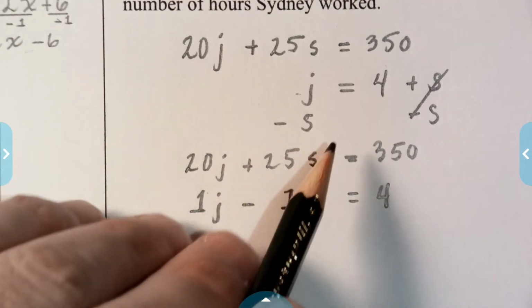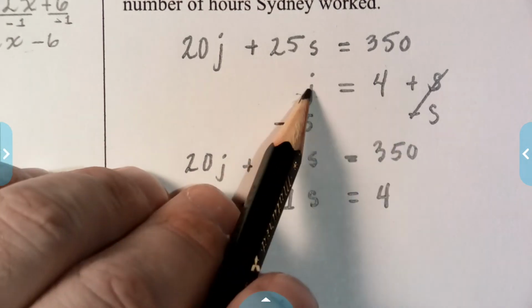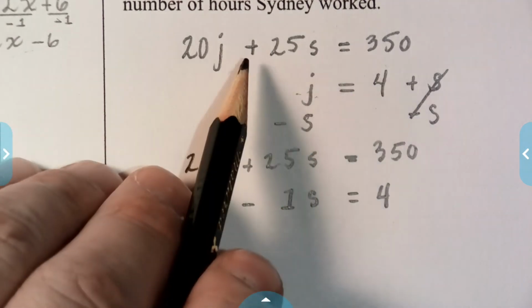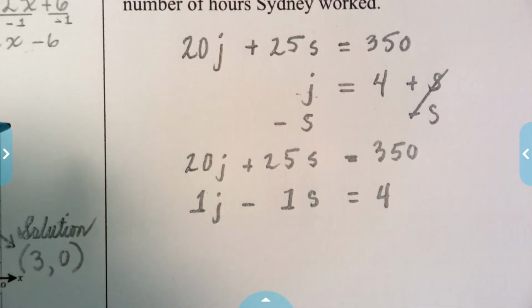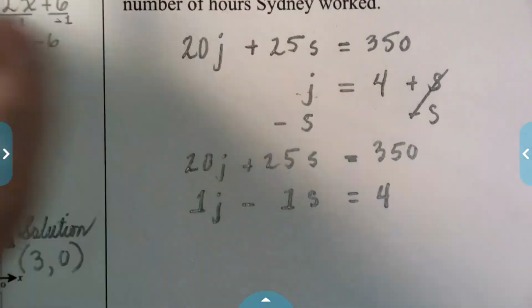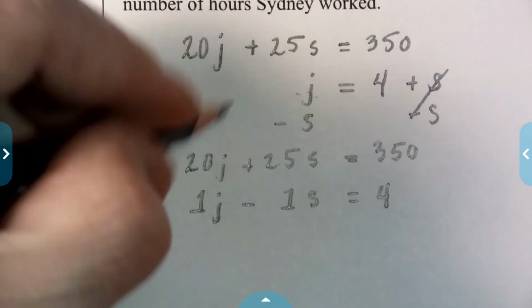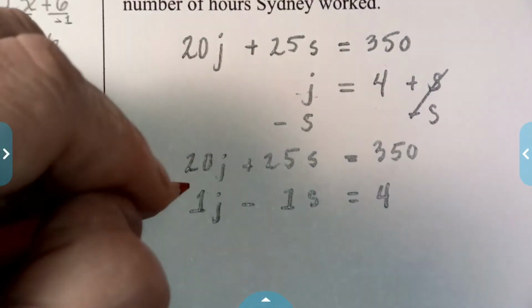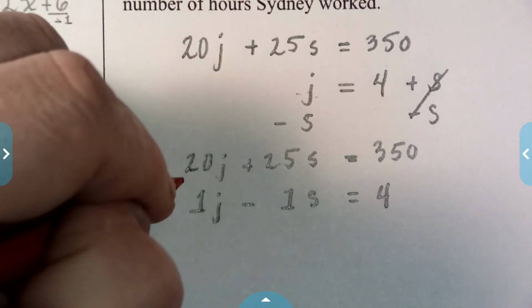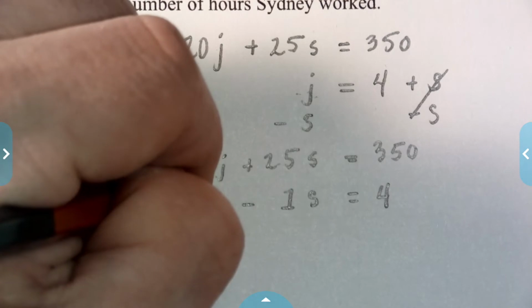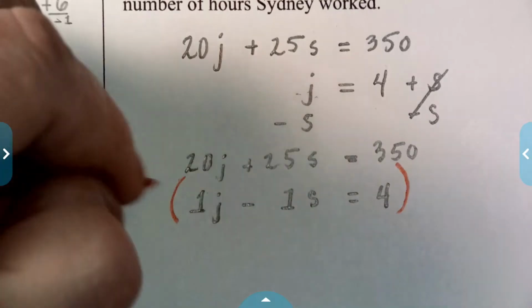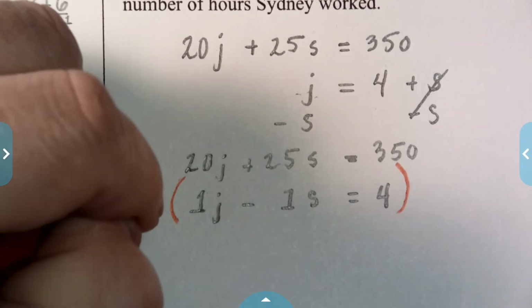I suppose I could have used substitution right there and just plugged in 4 plus s for j, but I was going to do elimination. So I was going to multiply the bottom equation by, what do I want to do here? I'll eliminate s and multiply the bottom equation by 25.